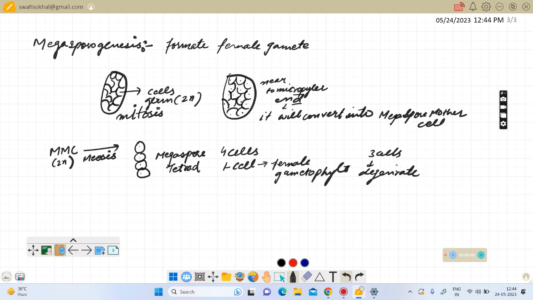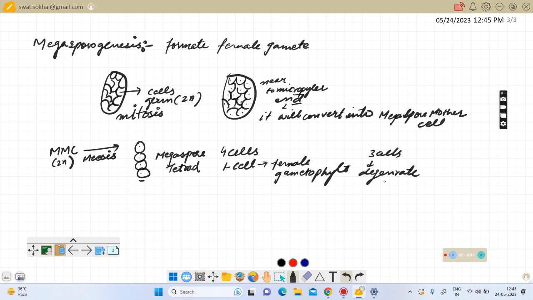Beta, in microsporogenesis, all four cells get converted into male gametophytes, but in the female, only one cell of the megaspore tetrad gets converted into the female gametophyte. Is this clear? Only one cell will get converted into the female gametophyte.